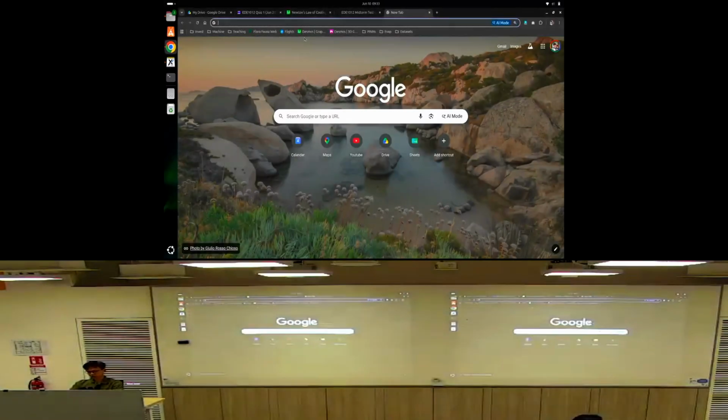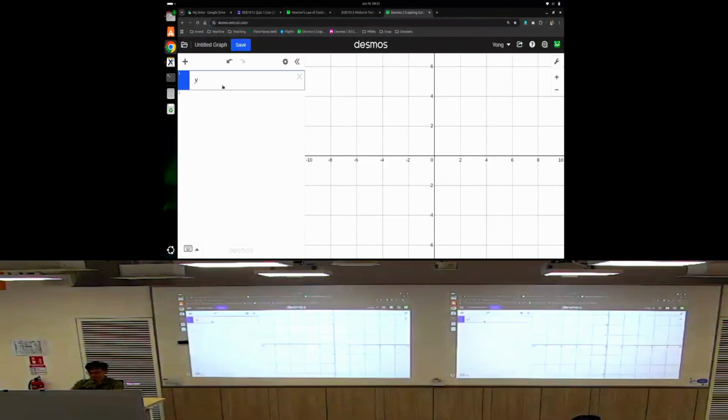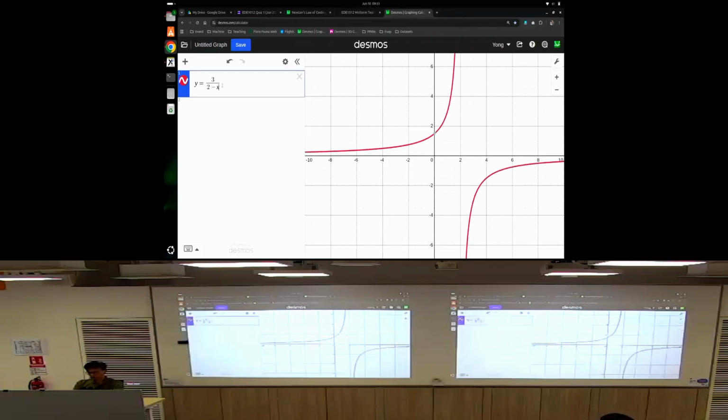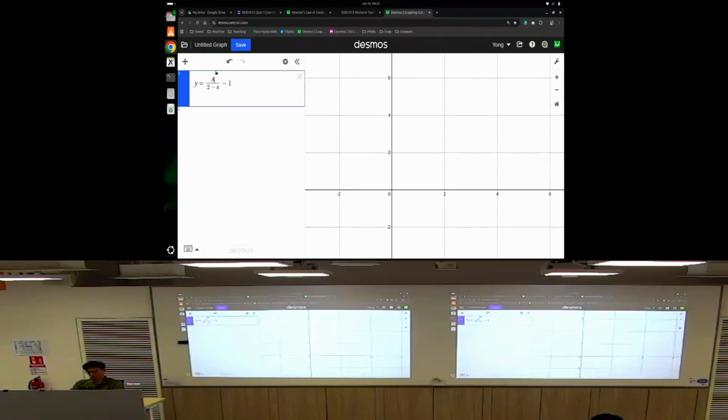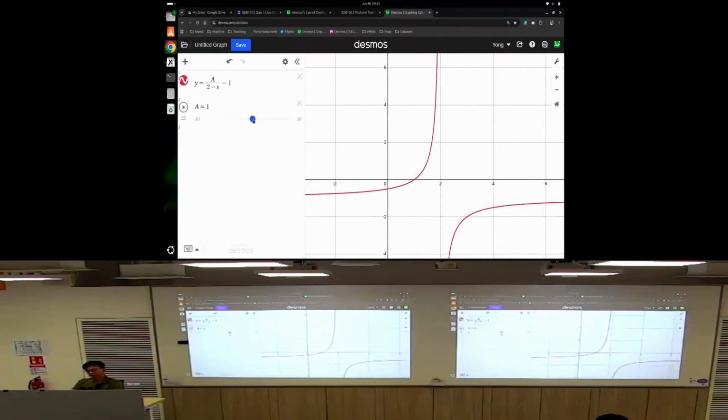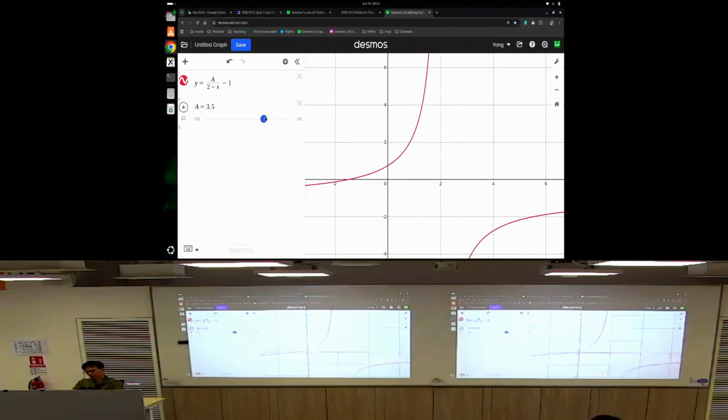So we can actually check in decimals. You can see that y equals 3 over 2 minus x, minus 1. If this is a constant a, your a can be any value, because if you don't have an initial condition or boundary condition, then you cannot define this constant of integration.